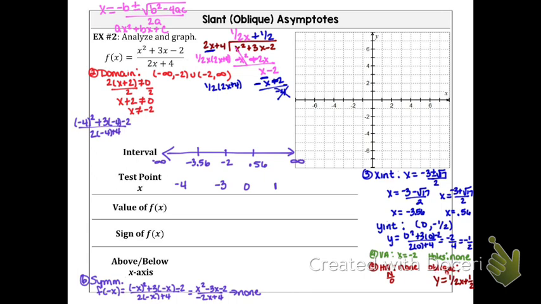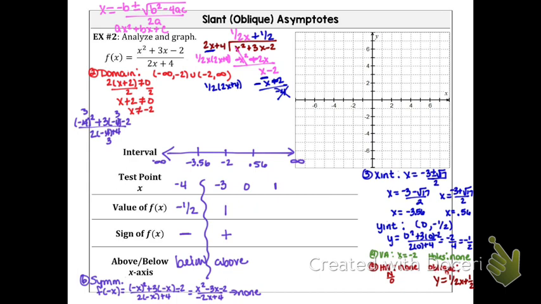And when I simplify that, I got negative 1/2, which is negative, which means it's going to be below the x-axis there. Then we plug negative 3 in. We're going to work that out, and I got a positive 1, which means it's going to be above.